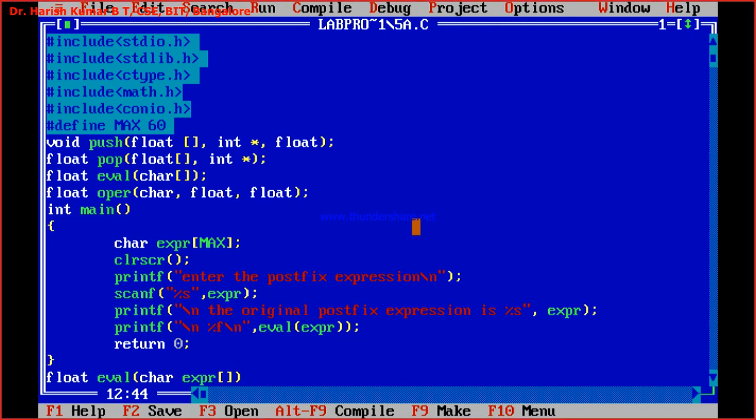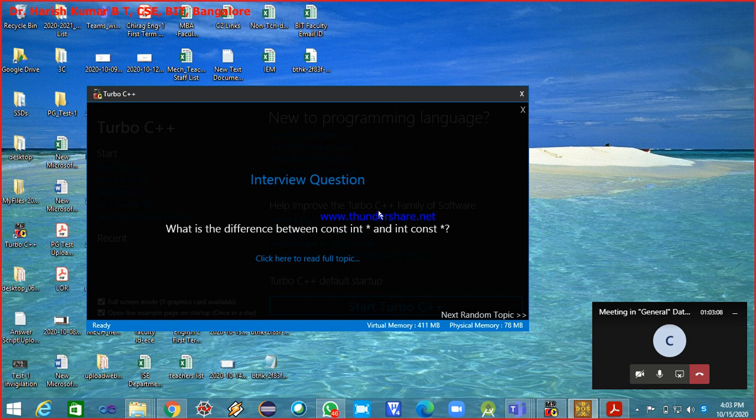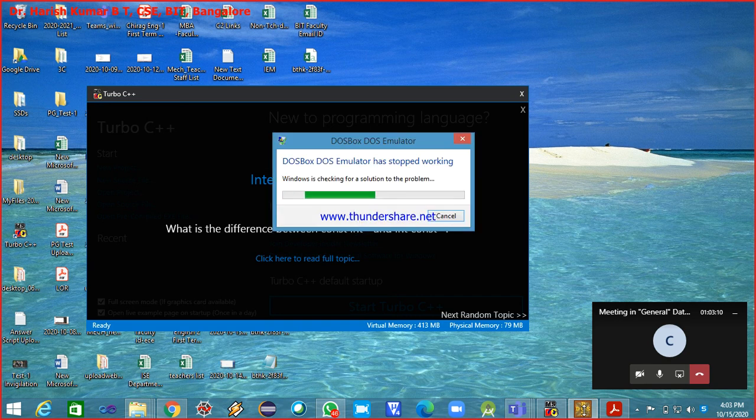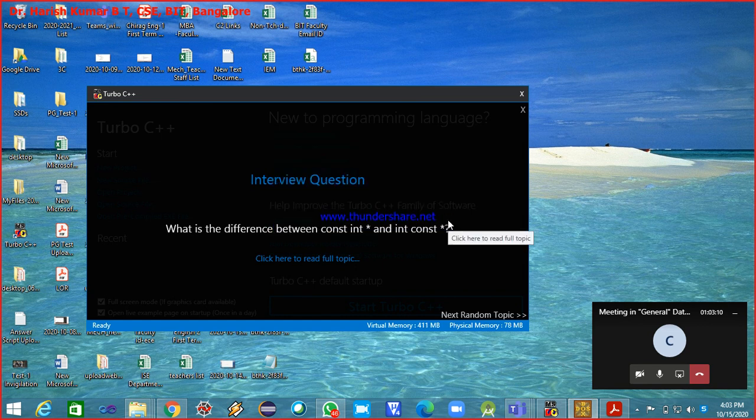Sir, when we pop out an element from the stack, it should be deleted, no, sir? No, that's what I'm mentioning. Sir, but in the watch window it was showing like that only. What was it showing? Sir, when we popped out an element from the stack, it was again shown in the watch window. Yeah, the watch window shows it.